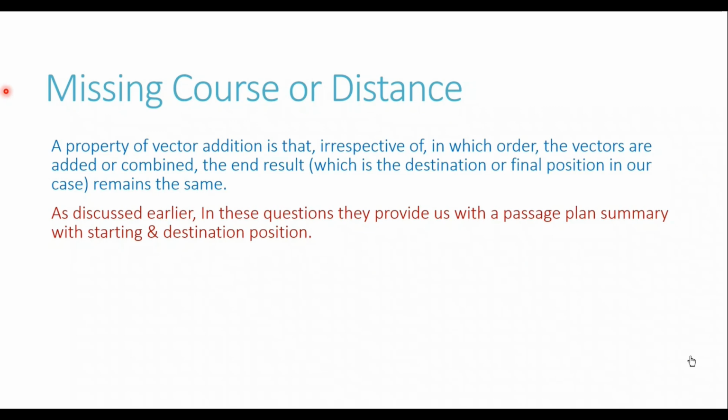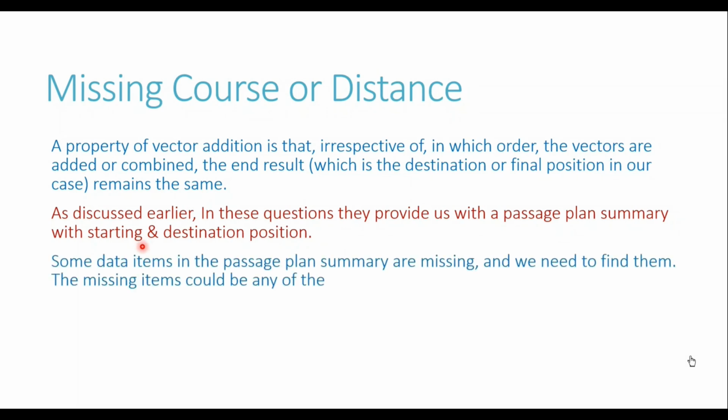As we just now discussed, in these questions, they provide us with a passage plan summary, which gives us the starting and destination position. Now, some of the data items in the passage plan summary are missing, and we need to find those data items.